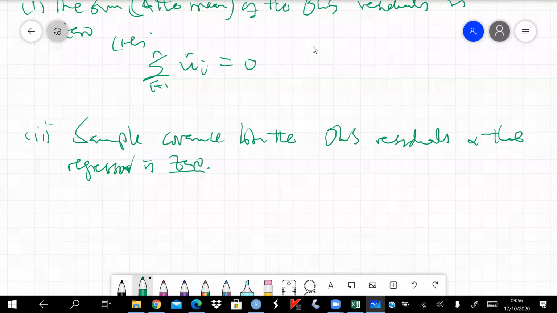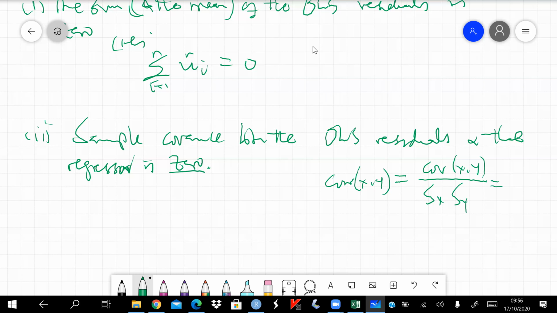When the covariance is 0, it means that the correlation is also equal to 0, because we know that the correlation between X and Y is given by the covariance between X and Y divided by the standard deviation of X multiplied by the standard deviation of Y. So if the numerator is 0, it doesn't matter whatever is in the denominator, the correlation will also be equal to 0.